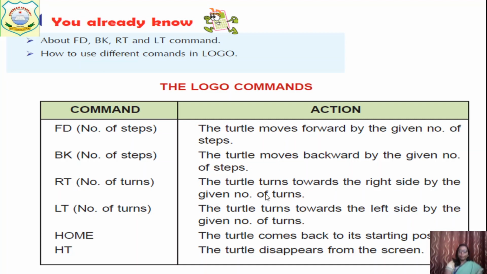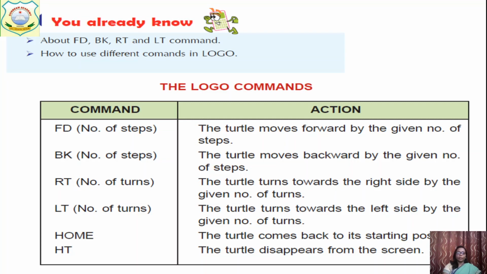It will turn the turtle towards the right side by the given number of turns. LT, number of turns, turns the turtle towards the left side by the given number of turns. Then the home command will move the turtle back to its starting position.